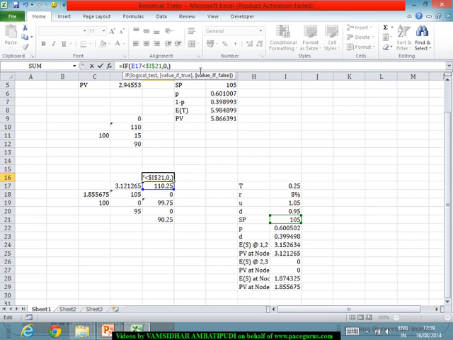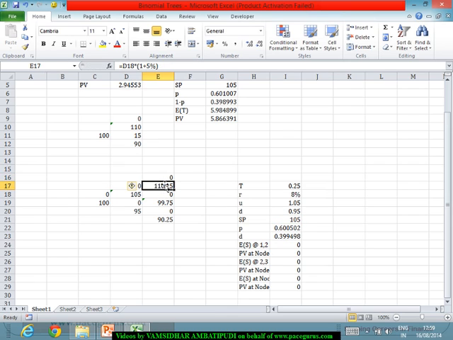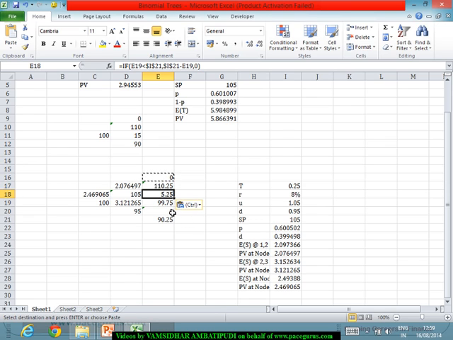If the stock price is less than the strike price, the option would be exercised. So the payoff is going to be strike price minus the stock price, else it is going to be 0. So here the value is coming out to be 0. Here the value is coming out to be 5.25, and here the value is coming out to be 14.75.